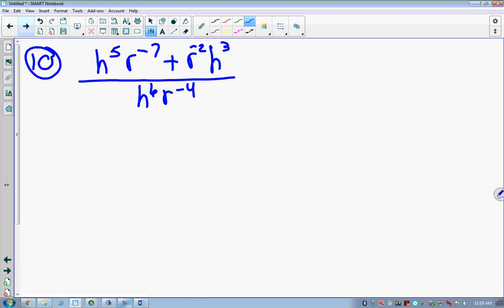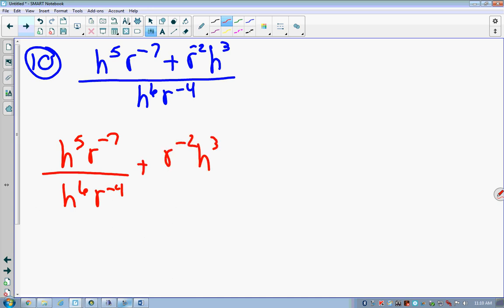Yes, you have to split these before you can move things above and below the division bar. So this is going to be h to the 5th, r to the negative 7th, over h to the 6th, r to the negative 4th, plus r to the negative 2nd, h cubed, over h to the 6th, r to the negative 4th. All right.